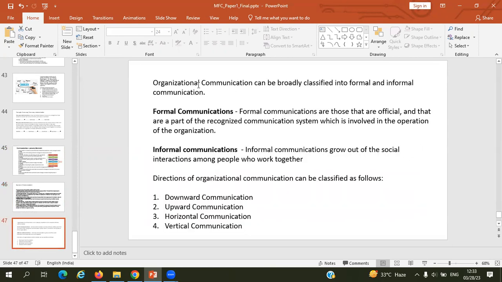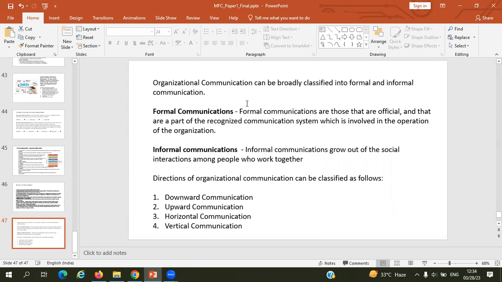There are different types of communication in the organization: formal communication, informal communication, and there are different directions of communication. What is formal communication? Any communication due to a business transaction happening.